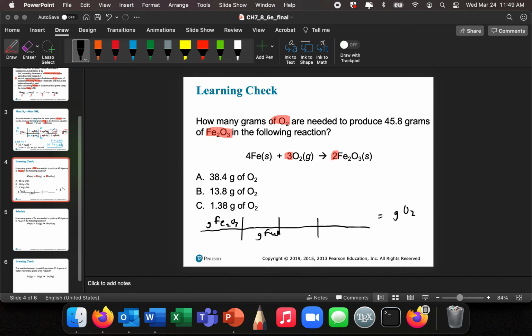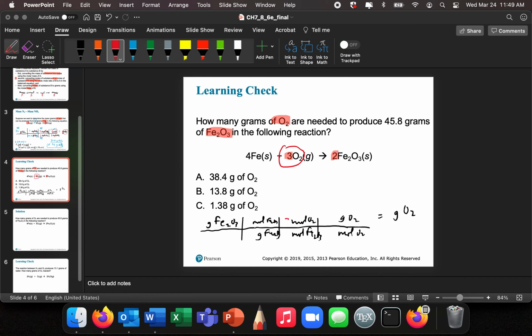I guess I will. Moles of Fe2O3. Okay. And then it's moles to moles. And then it's moles to grams, right? This is of O2. Fe2O3, okay?